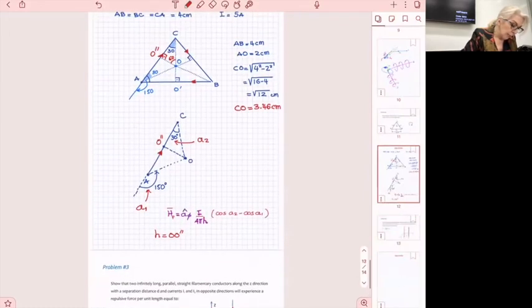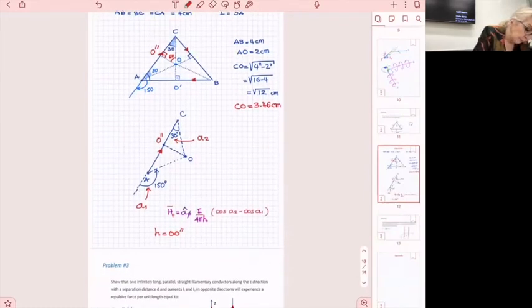So if we come here, CO we said is 3.46, and O double prime C is 2 centimeters.